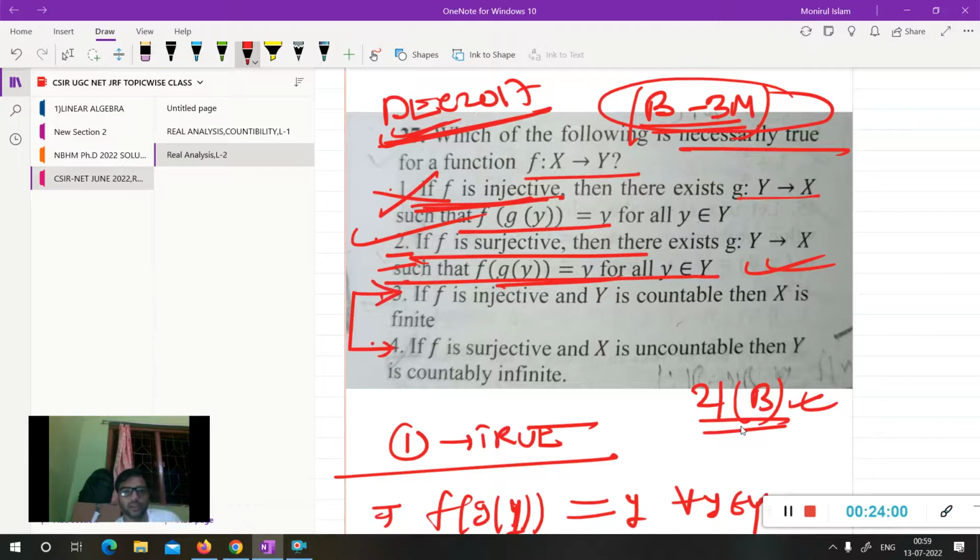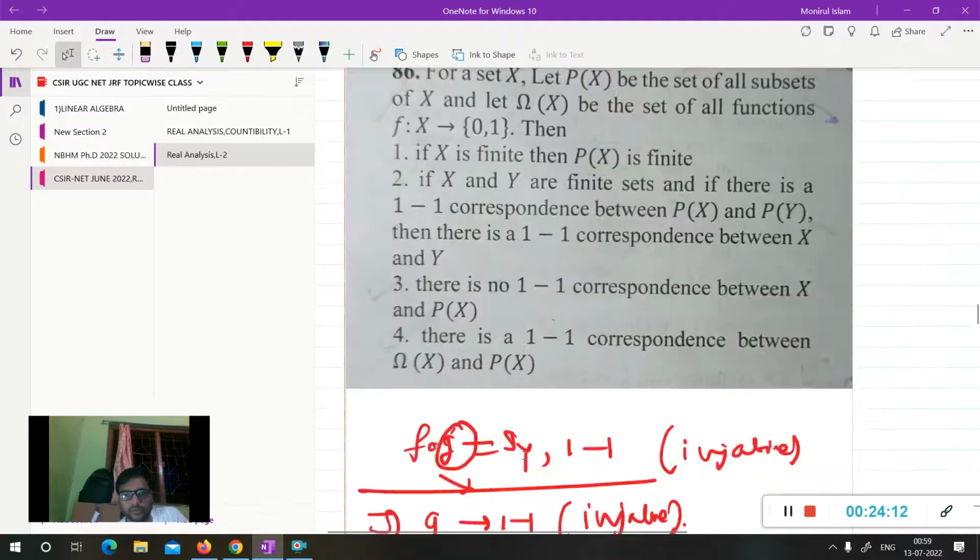So verify 3 and 4. It's saying f is injective and Y is countable, then X is finite. If it's injective and Y is countable, then X is finite.